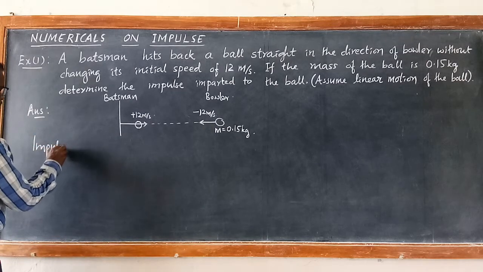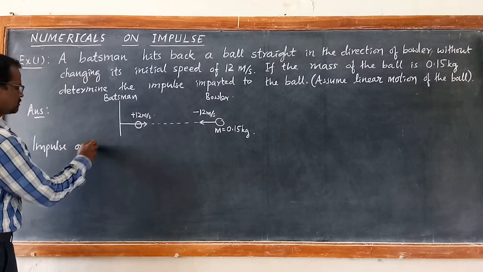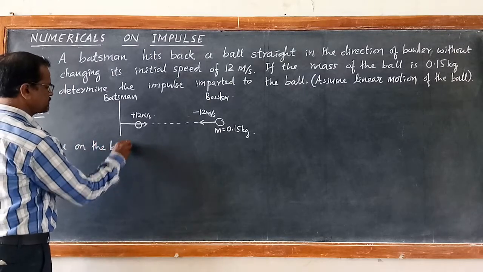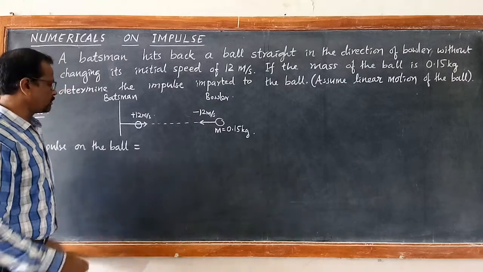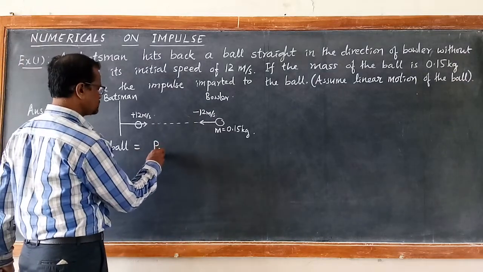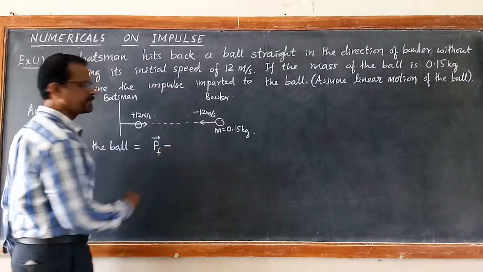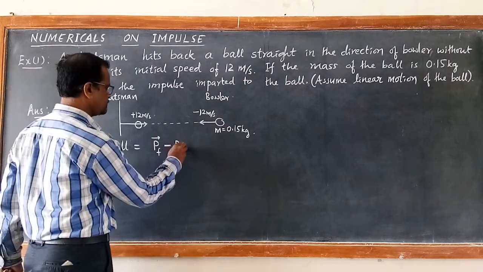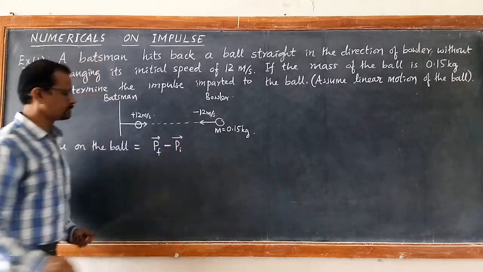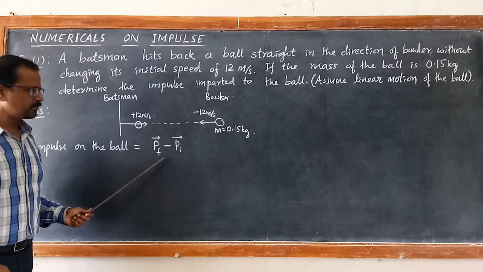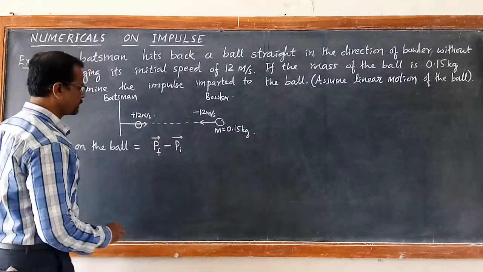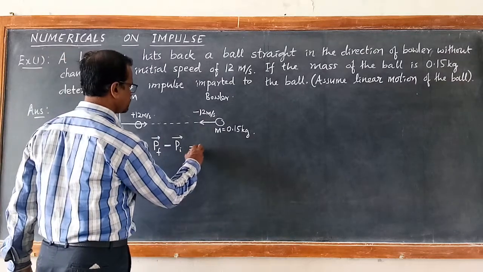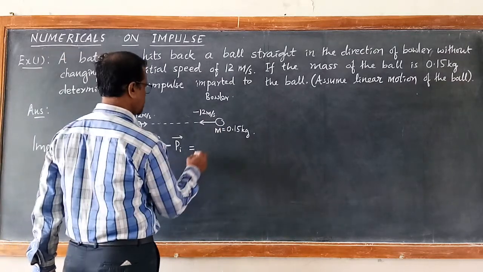Impulse imparted on the ball by the bat can be calculated as change in momentum: final momentum Pf minus initial momentum Pi. These are vectors.